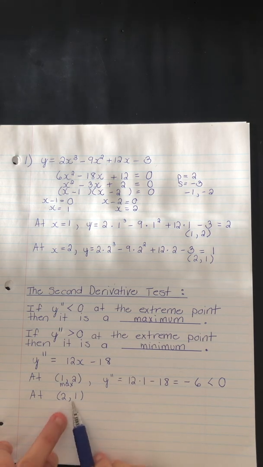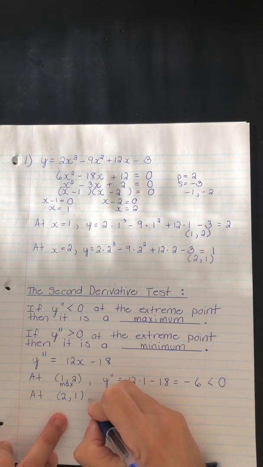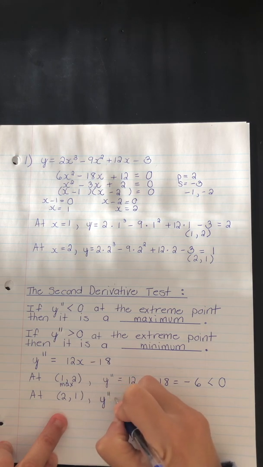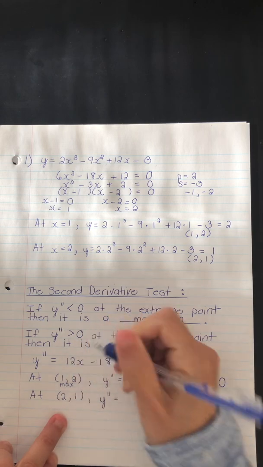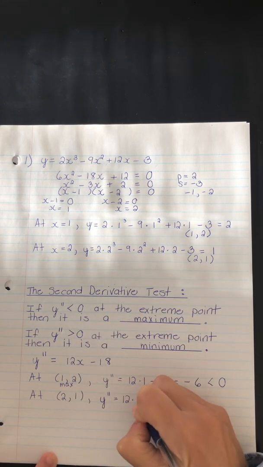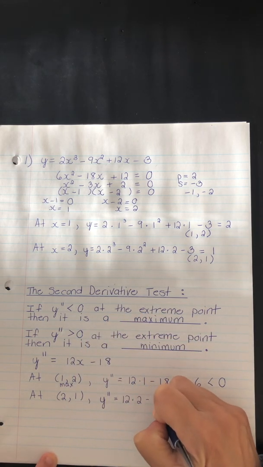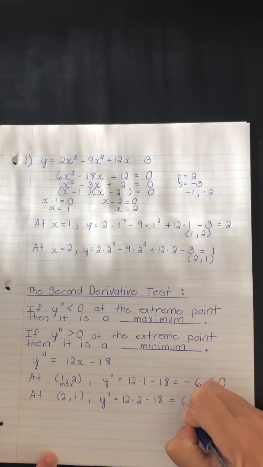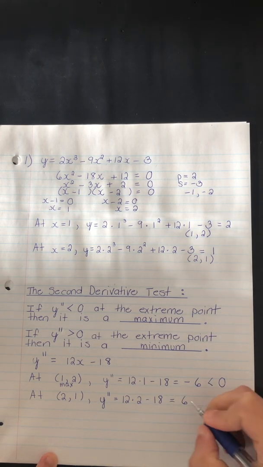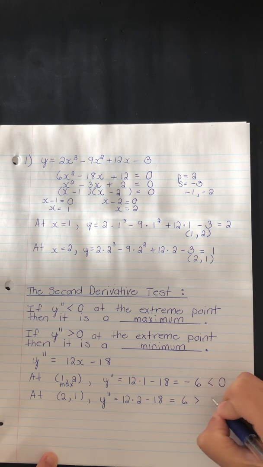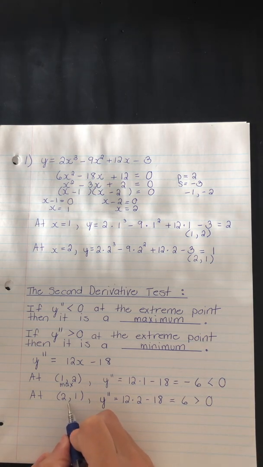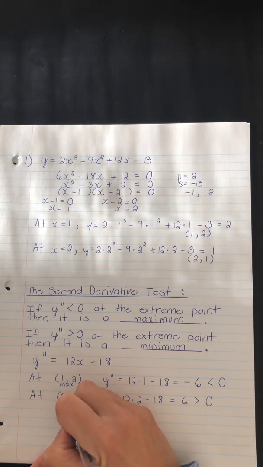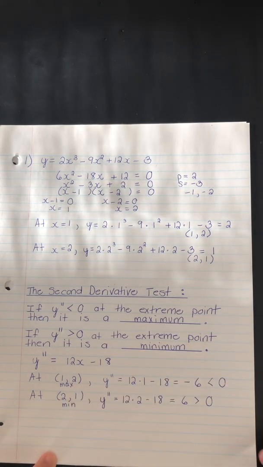Now, what about at the point (2, 1)? At the point (2, 1), we substitute x equals 2, we get 12 times 2 minus 18, and that's positive 6. The fact that that number is greater than 0 means that the extreme point here is actually a minimum.